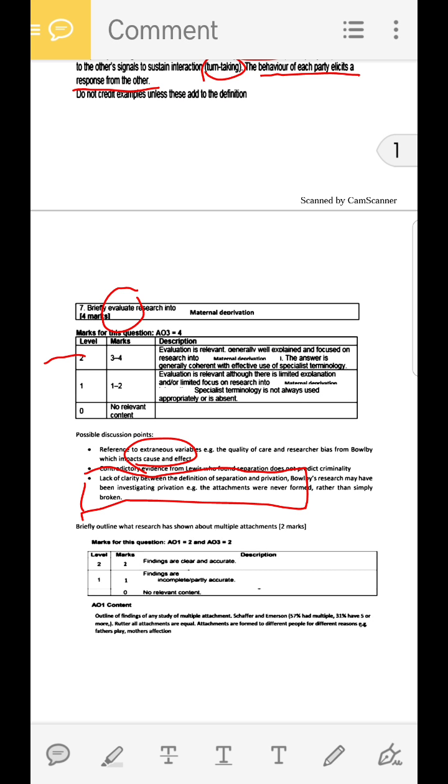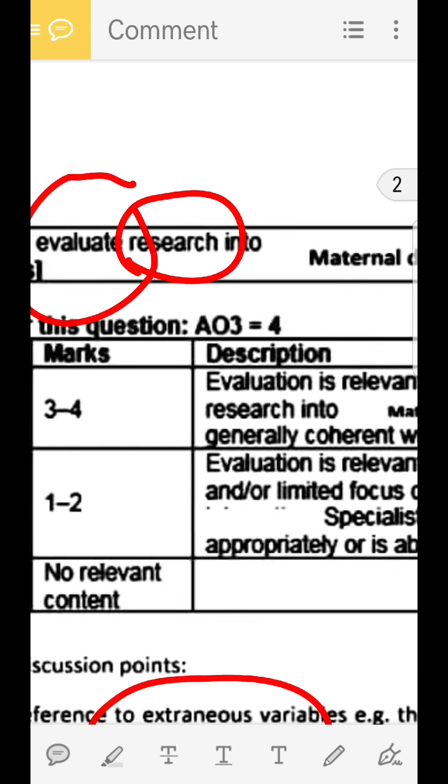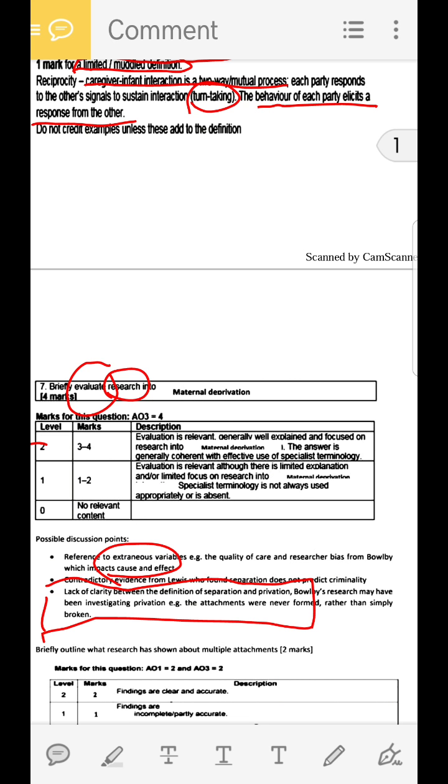Now, technically, we did give you credit for it because this word, research, on certain mark schemes, on certain areas of the syllabus, actually means theory and or studies. So those people who had used the piece of research correctly, i.e. they had said Bowlby's study supports the maternal deprivation theory by showing that maternal deprivation does result in affectionless psychopathy, and then they'd used Goldfarb as well, were given credit.